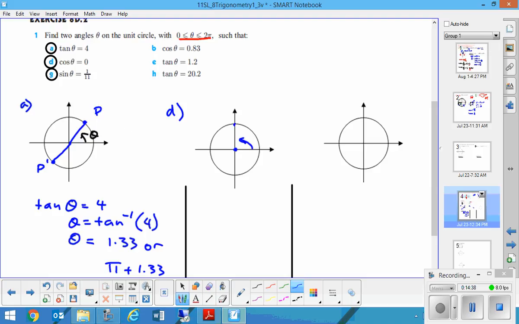If our point is up here, in other words, theta equal to pi on 2, or 90 degrees if you want to call it degrees. Or it could have also been, as you're probably guessing, down here. That's your other possible point. So that's 3 pi on 2, which is 270 degrees. So 2 possible answers for that.